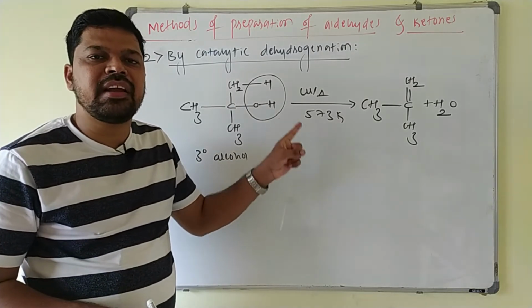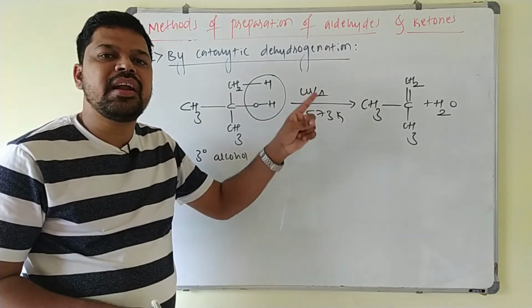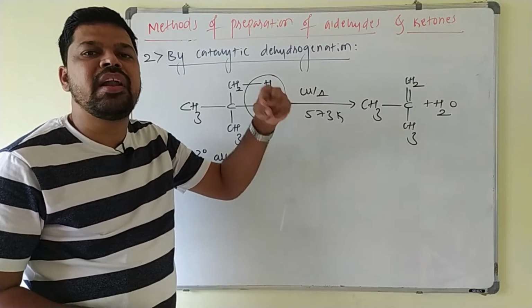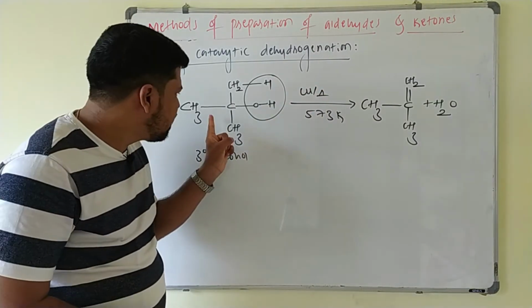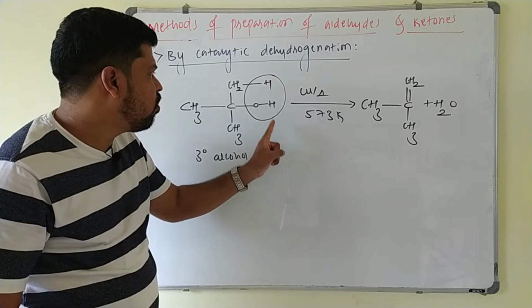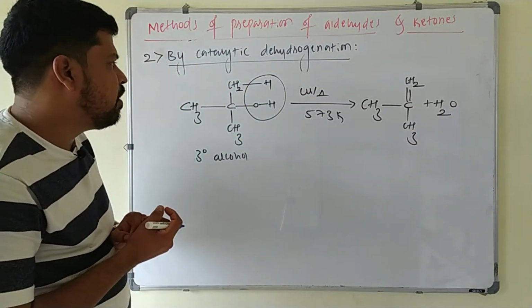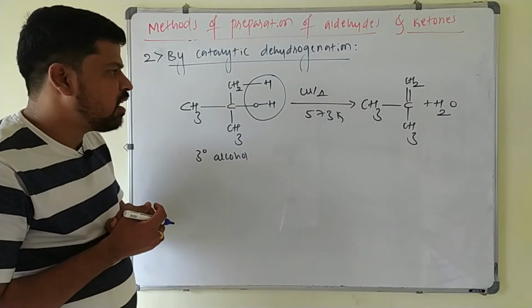In catalytic dehydrogenation, primary and secondary alcohols undergo dehydrogenation to give aldehydes and ketones respectively, but tertiary alcohols undergo what? Dehydration to give alkenes, because they are more reactive towards elimination, since a tertiary carbocation is formed.